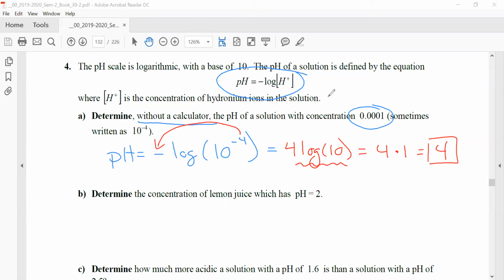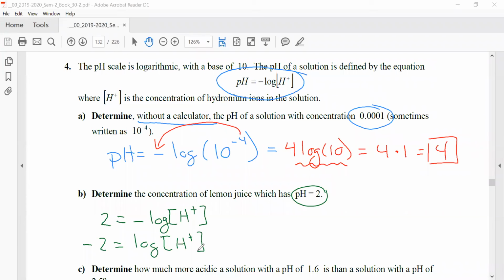Okay, next question. Next one says we have a pH of 2. Let's find the hydronium ion concentration. So I sub it into my formula. My unknown's inside my logarithm, so I'm going to have to convert to an exponential. First thing I'm going to do is divide both sides by negative 1 to get rid of that coefficient.